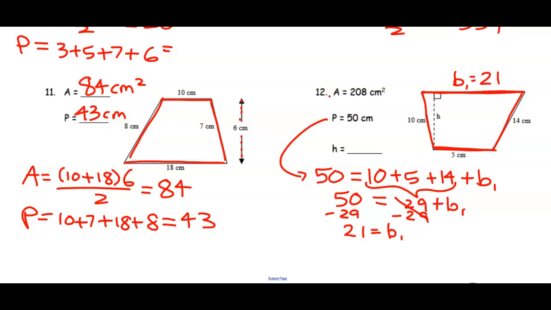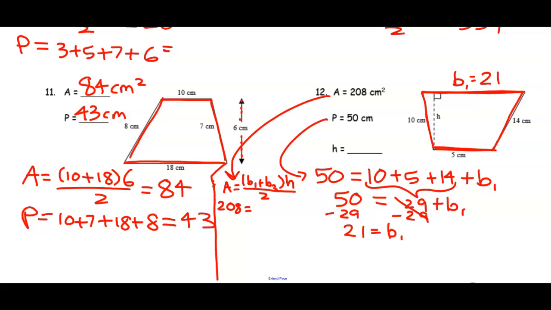Okay, now, let's remember area equals base 1 plus base 2 times the height divided by 2, right? Let's plug in what we know. A is 208, that was given.